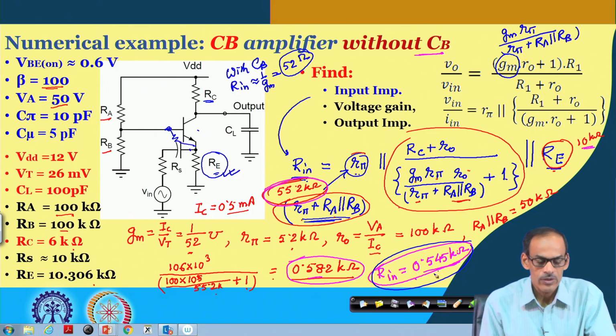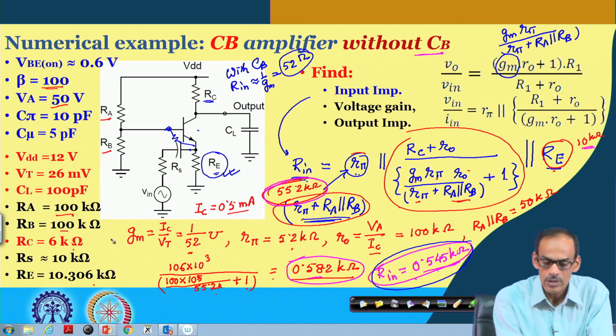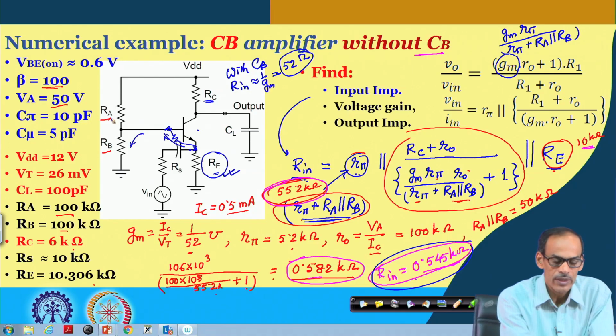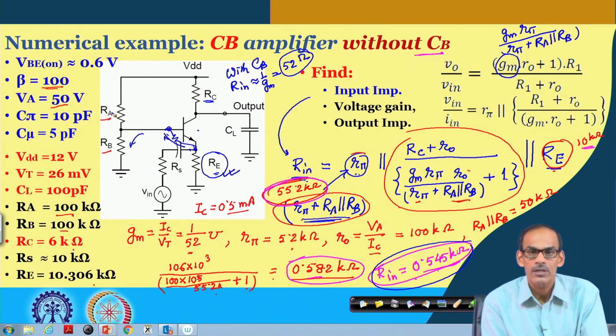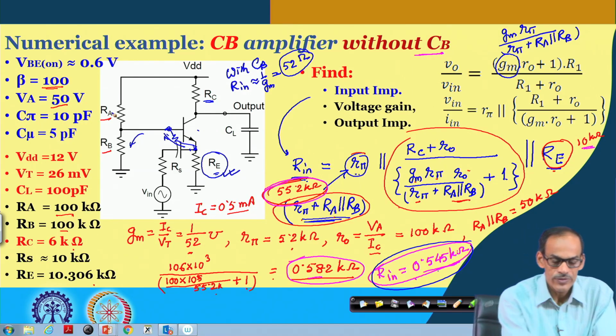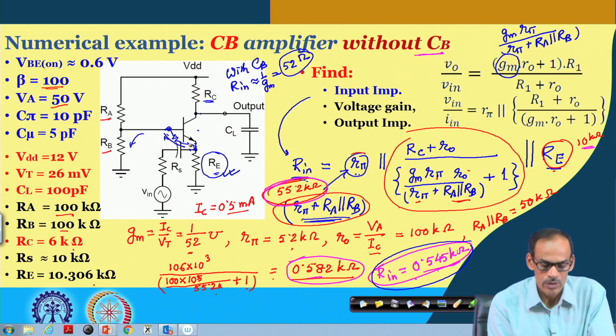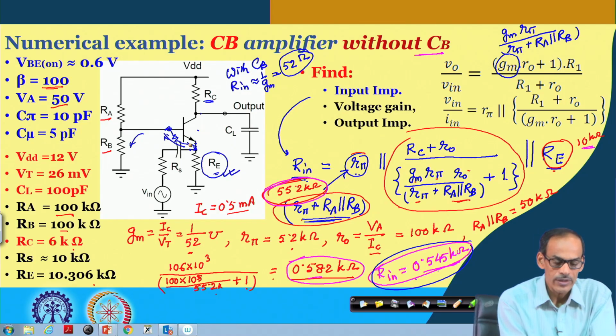So, intuitively what is happening here, whatever stimulus you are putting here, voltage, only part of the voltage is appearing across this R pi, and major part is appearing across R A in parallel with R B. So, if you see the potential division, it is happening here, and that voltage is coming to GM into this VBE part.